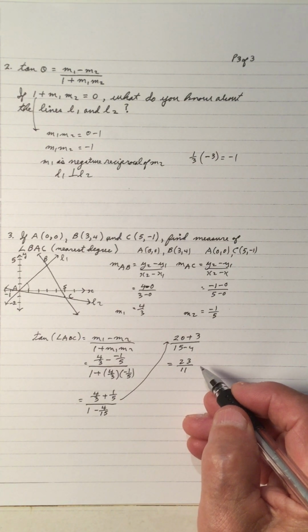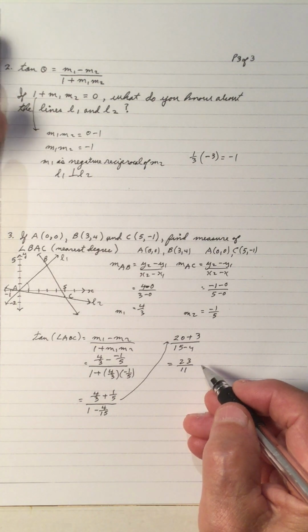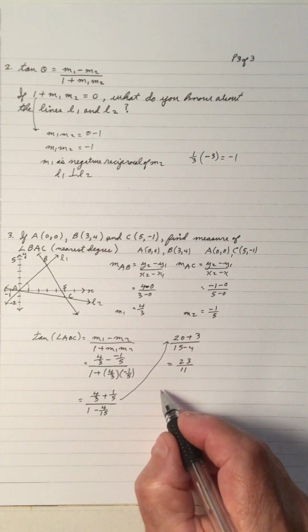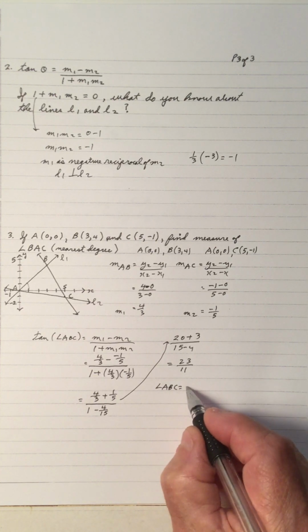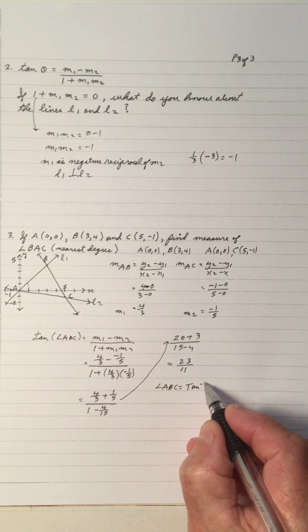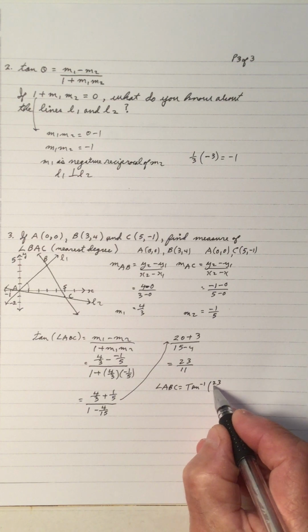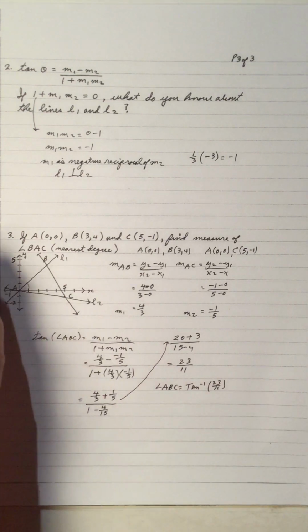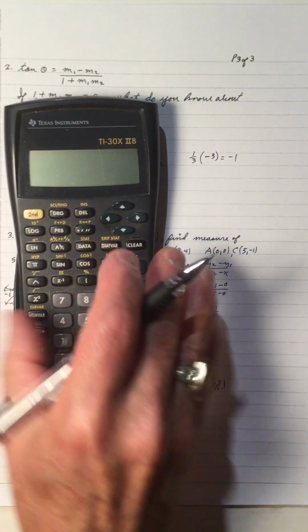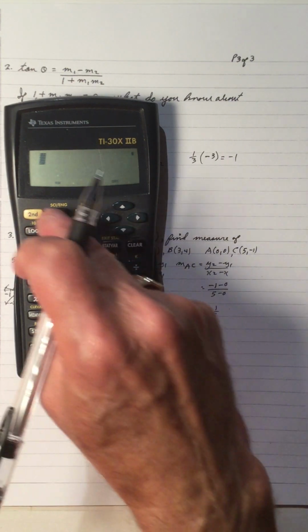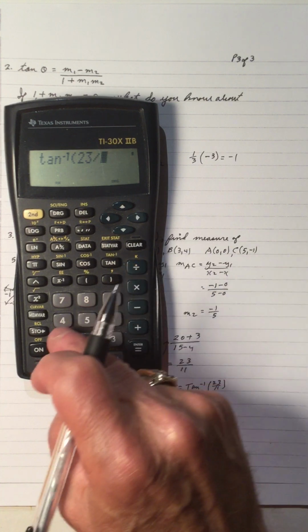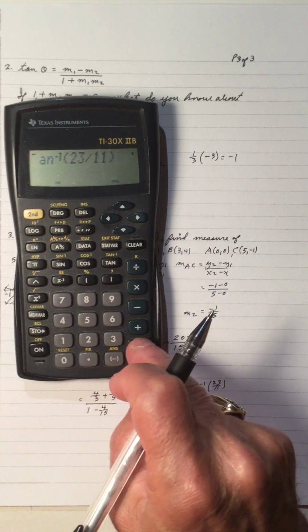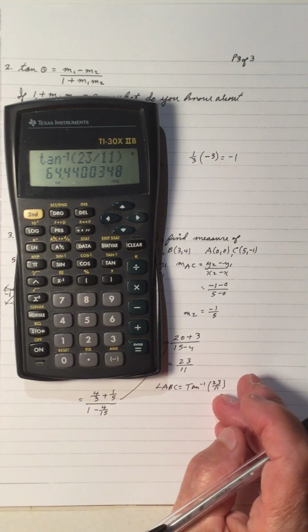And we want to get that angle because we have the tan. So that means the angle is tan to the negative 1 of 23 over 11. We take our calculator and do inverse tan of 23 divided by 11, and we get 64.